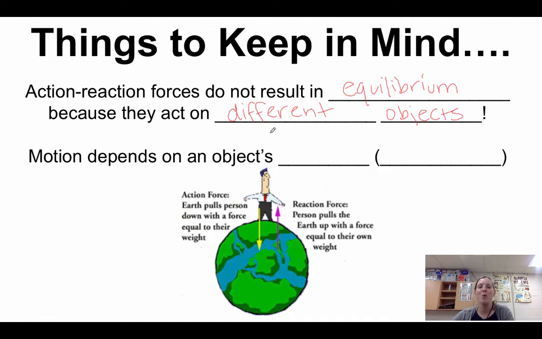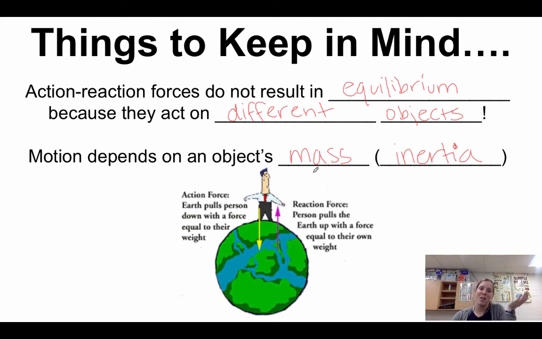Also, the motion that results from these forces is going to depend on an object's mass or inertia. You weigh a lot less than the Earth weighs. So when the Earth acts on you with a certain amount of force, it could cause a really big change in motion, right? It could cause you to fall from the top of a building to the bottom.